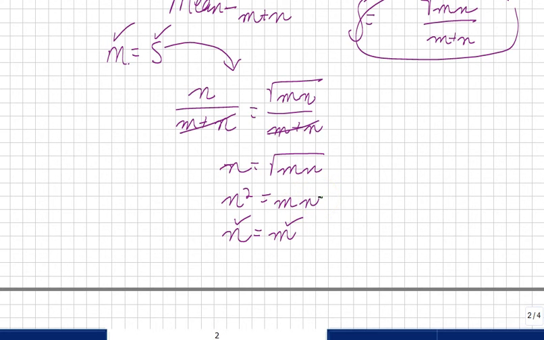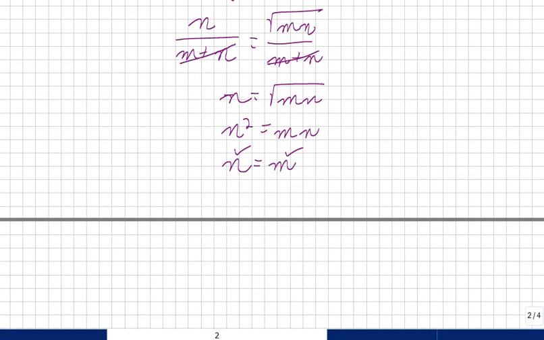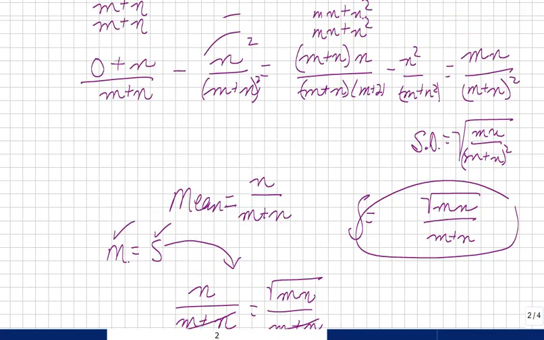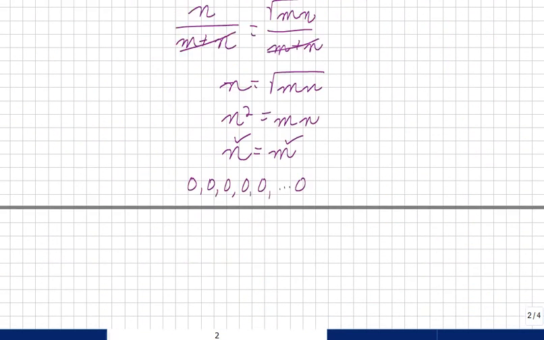So since they are the same amount, the median will be the last. Remember, the x's go 0, 0, 0, 0, 0, up to m zeros. I have to look back again. Yeah, the x's were m, so we have m x's from here to here, and then we have ones.